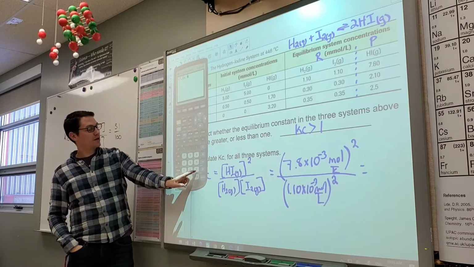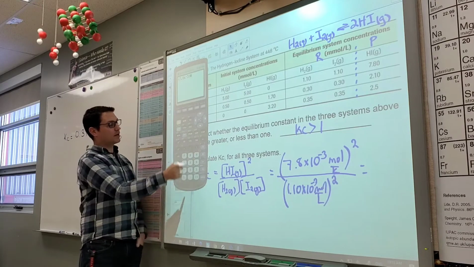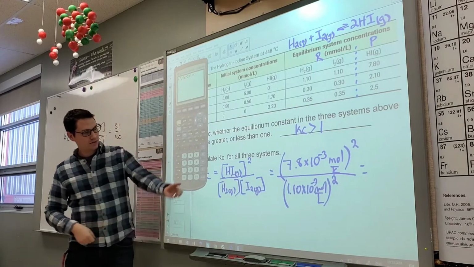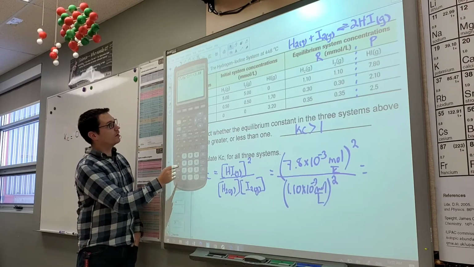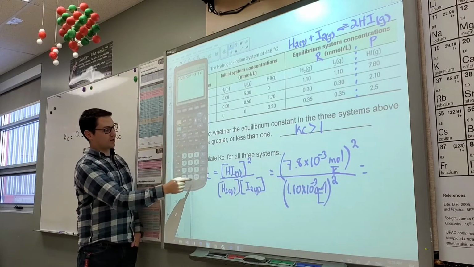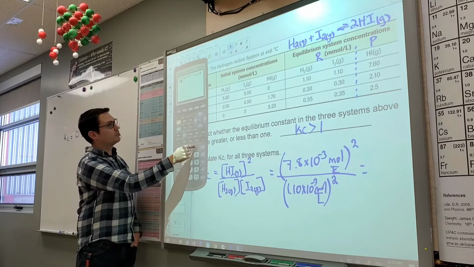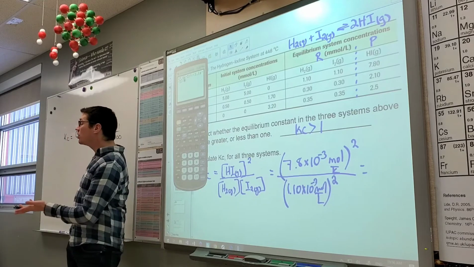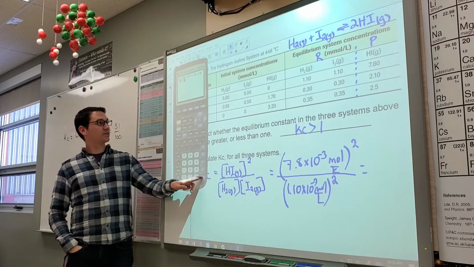Negative 3, so I'll write negative 3, and then bracket, and then I'll square it, divided by bracket 1.1 times 10 to the power of negative 3, bracket, and then I'll square it. Let's see if you got the exact same thing I got.